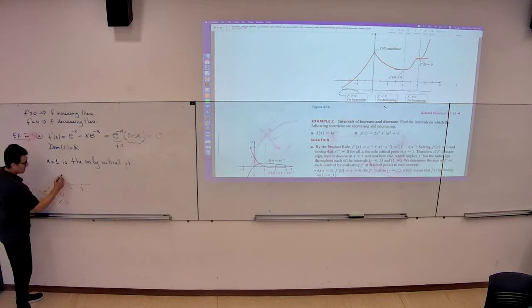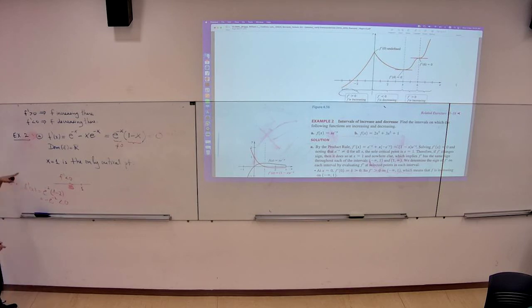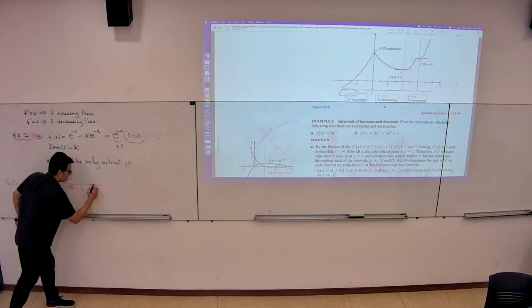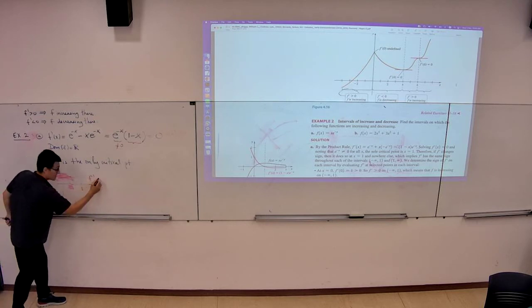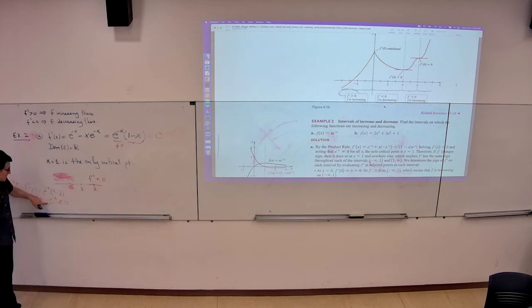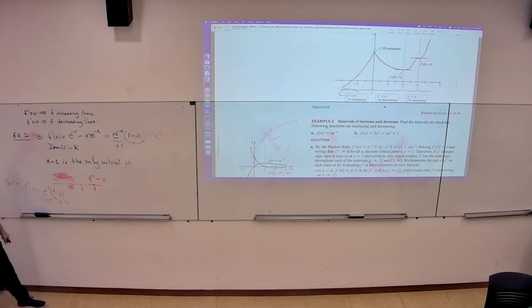Okay, so the derivative here is negative. Sorry, 2 is right here. I've taken x equal 2, which is to the right of 1. So the derivative is negative down there, for all the x's greater than 1.